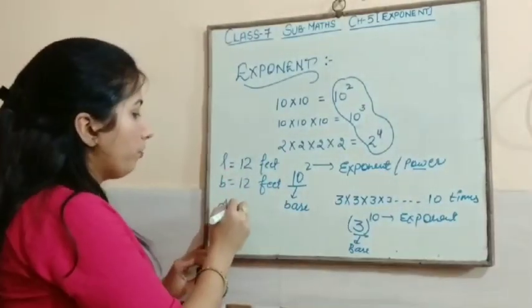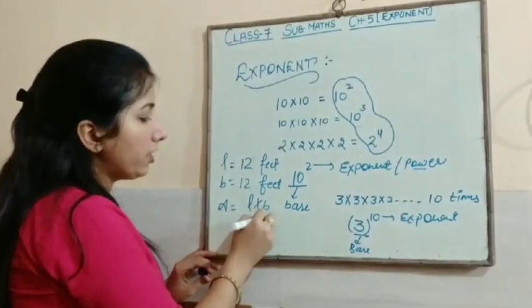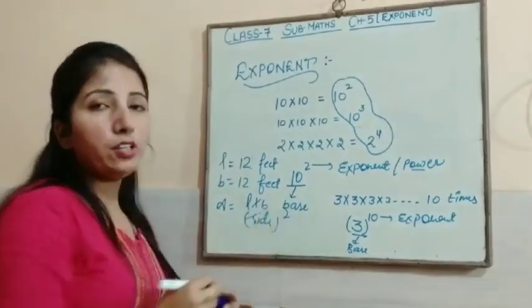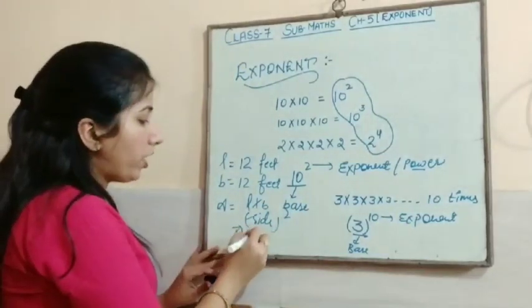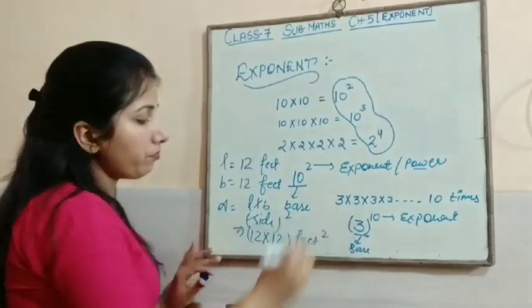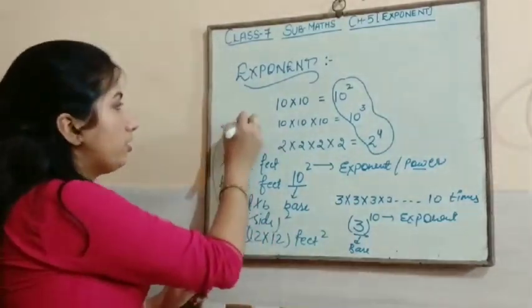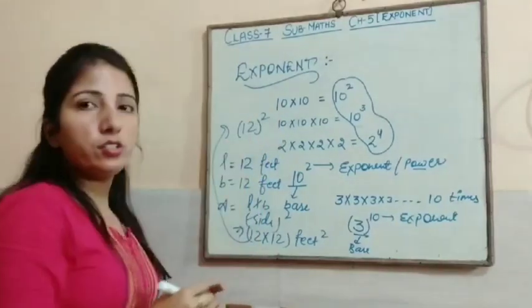Then the area of the room will be length into breadth, or side squared, because length and breadth of a square are the same. So this is 12 by 12 feet square. This is the area of the room. This 12 by 12 we can write as 12 raised to the power 2.